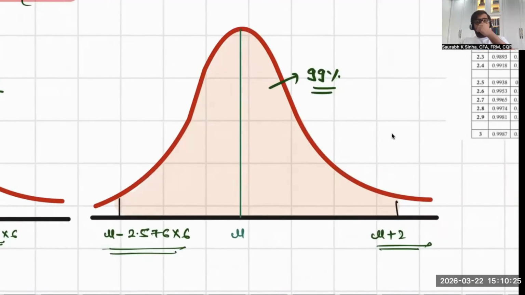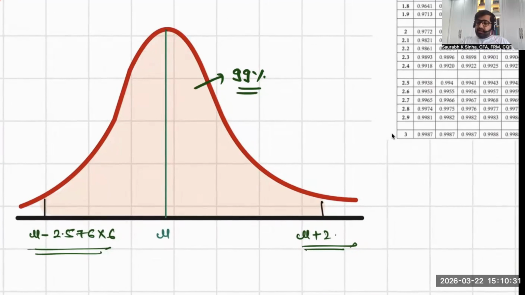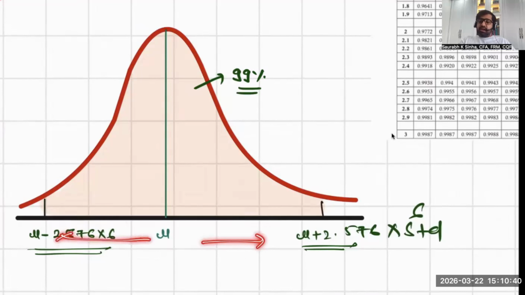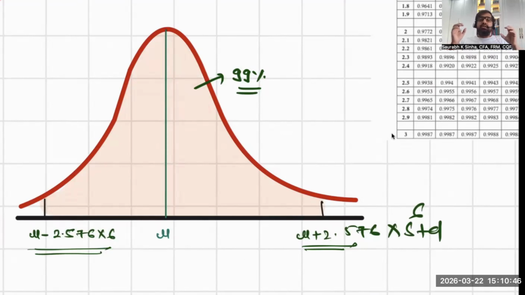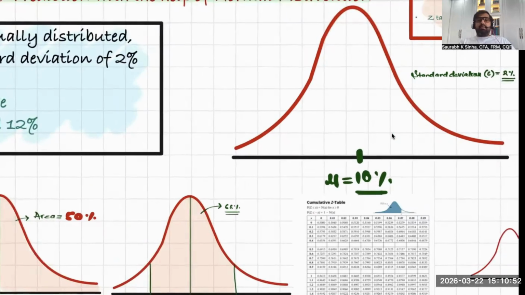Or if you move 2.576 standard deviations, or sigma, left and right from the mean in a symmetric way, then the total area under the curve is going to be 99%. How would I get these numbers, 95%, 99%, 95.4%, and 68%?